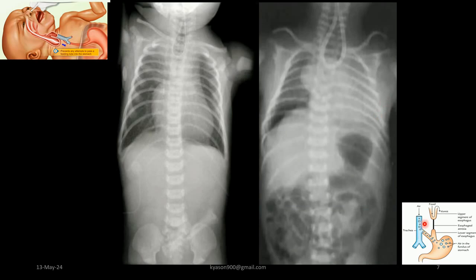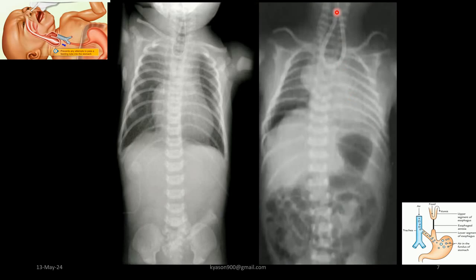Usually whenever there is a fistula, like as you see in this small image down here, the air from the trachea can easily enter into the stomach, and of course this air will continue down along the intestines. This gas usually appears dark on X-ray, and kids with a fistula always present with so much gas within the stomach and the intestines, and that can be confirmed here.